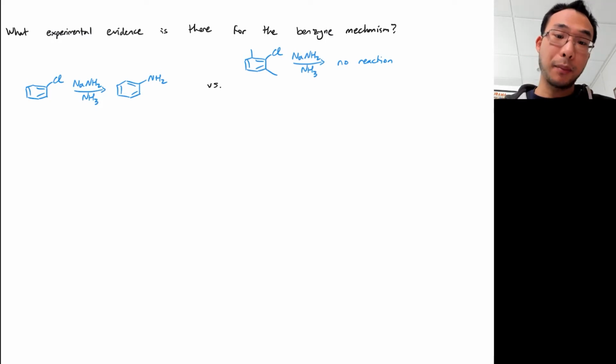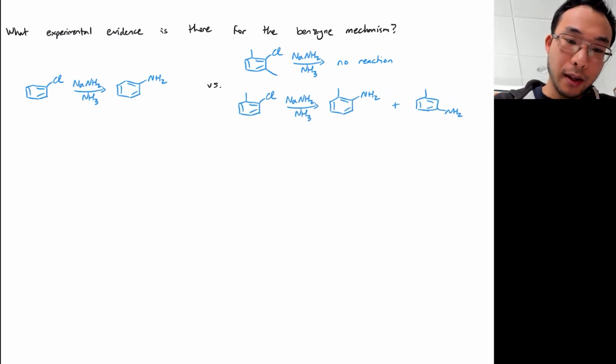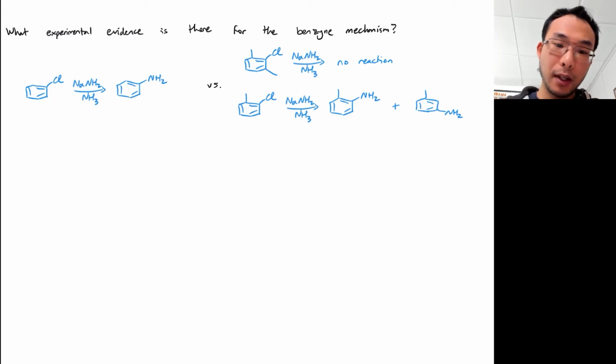A second experimental piece of evidence is that now if you take just a methyl chlorobenzene here, and run that same reaction, what you actually get is not just one product, but two different products. So you don't just get substitution directly where the chlorine is, you also end up seeing some of the nucleophile adding to the position where the chlorine is not.